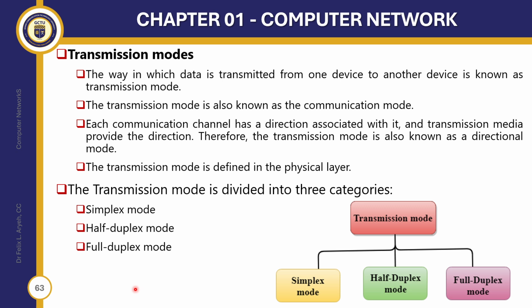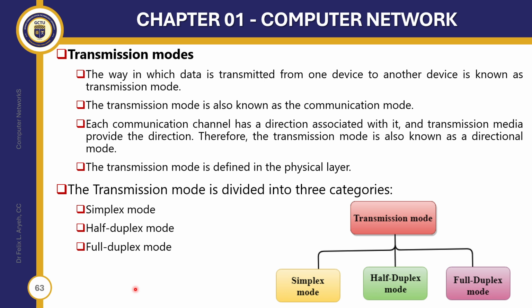And now, there are a few things that I want to talk about. Now, the transmission mode is very key. It's one thing that we have to always have in mind. So the way in which data is transmitted from one device to another device is known as the transmission mode. It's sometimes also known as the communication mode.